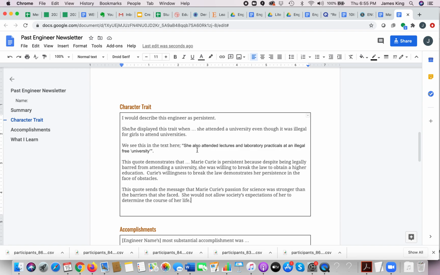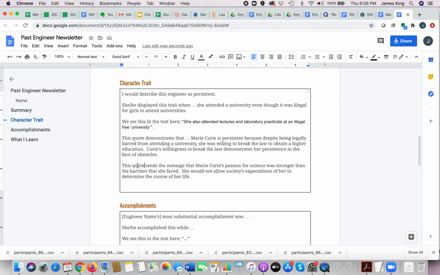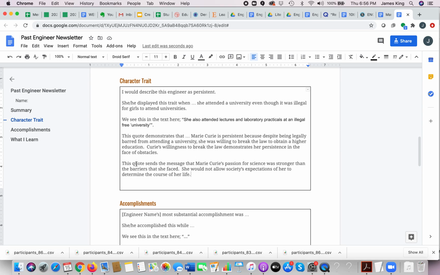And I'm describing what this quote shows about Marie Curie besides the fact that she is persistent. I've already explained in the reasoning exactly how this quote shows that Marie Curie is persistent. But to score a 4, I'm going even further down here, and I'm explaining how this quote in fact reveals even more about Marie Curie. This quote sends the message that Marie Curie's passion for science was stronger than the barriers that she faced.